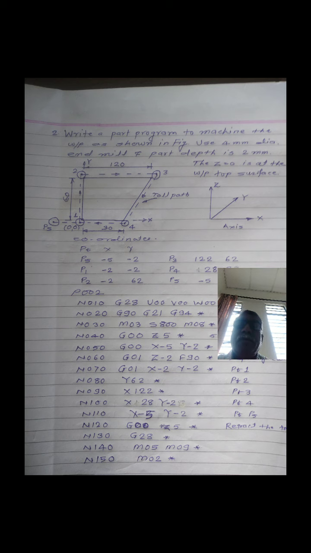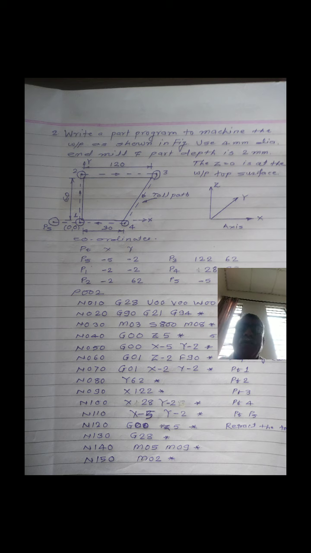Here, as the diameter of the end mill cutter is 4 mm, you have to consider its radius while finding the coordinates. The first point is the starting point, that is PS. What are the coordinates of PS?